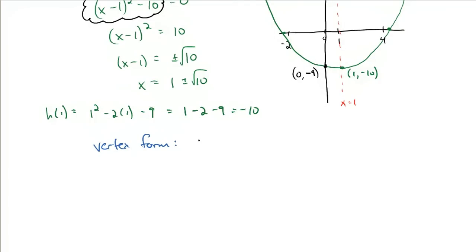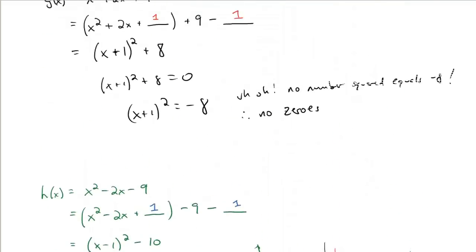If you have a parabola in the shape of y equals x minus h squared plus k, then you're going to have the vertex at h, k. Okay, and that way we can go back up to this problem we were looking at before.